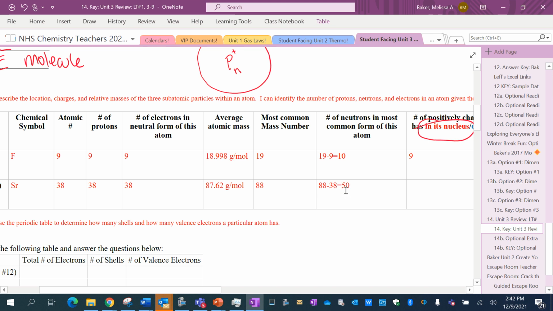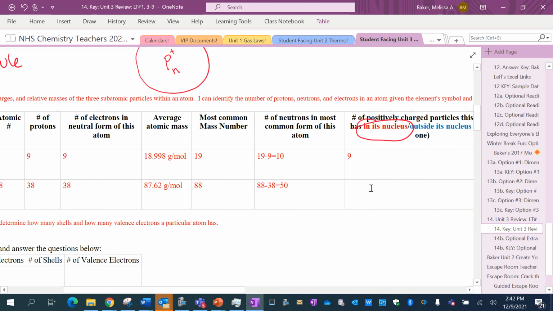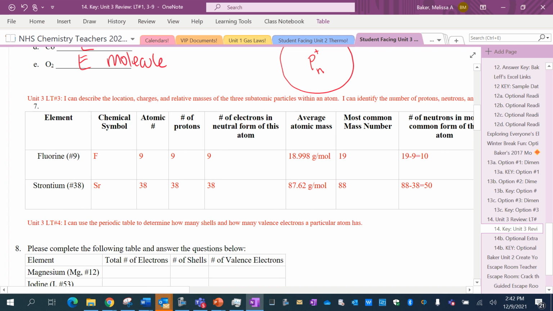So we'd have 50 neutrons. And again, it would have 38 positive protons in the nucleus, and it would have 38 negative electrons outside the nucleus.